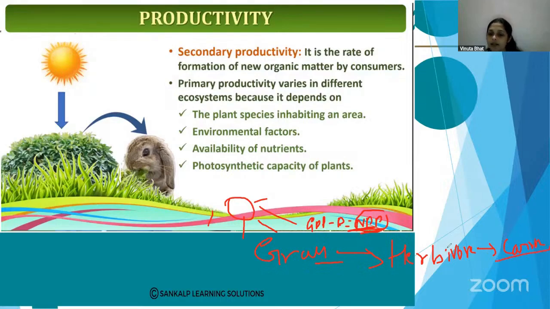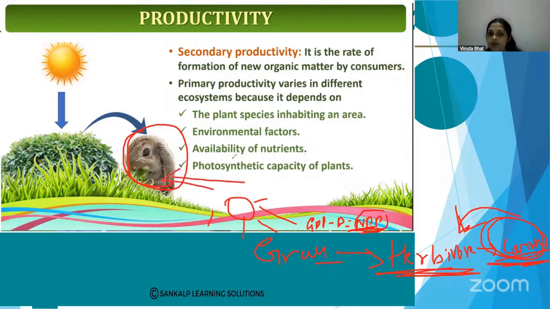So the amount of organic matter that is available for the carnivore is called the secondary productivity. Okay, so secondary productivity means what? If it is a herbivore, the amount of organic matter available for the carnivore is called the secondary productivity.